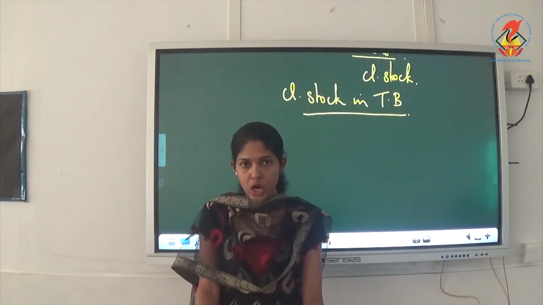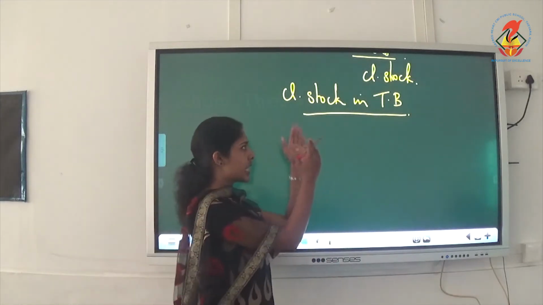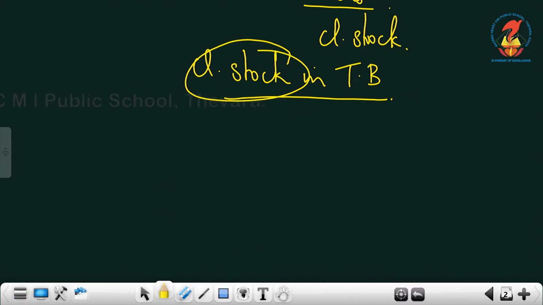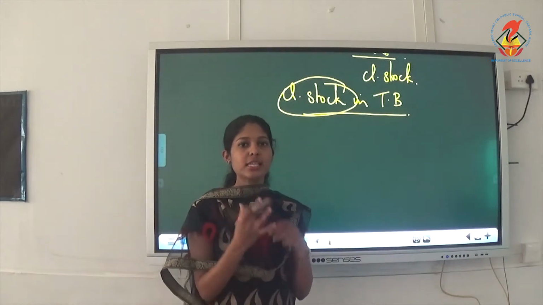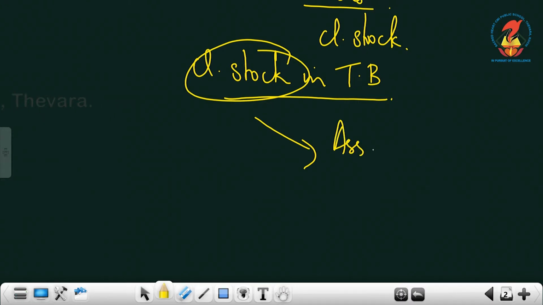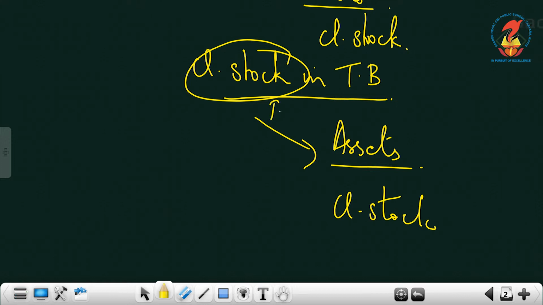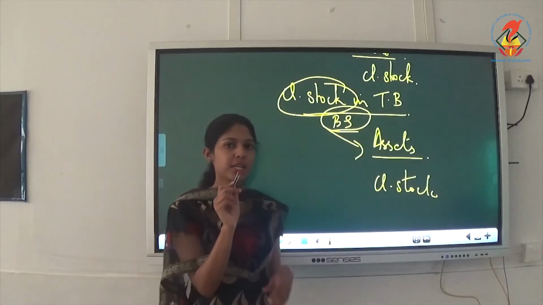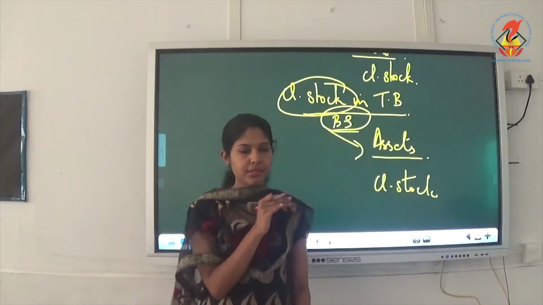And where will you record it? For that you have to see the basic nature of closing stock. The basic nature is an asset, so it should be recorded on the asset side of the balance sheet. Here you will write it as closing stock. Only in the balance sheet will you record it when it appears inside the trial balance. Understood?